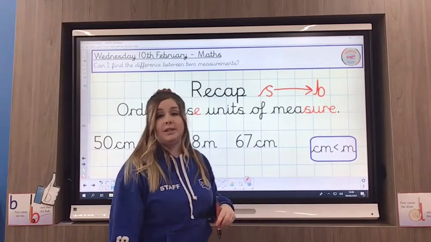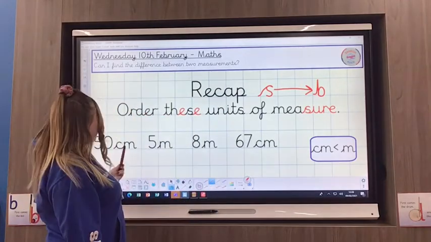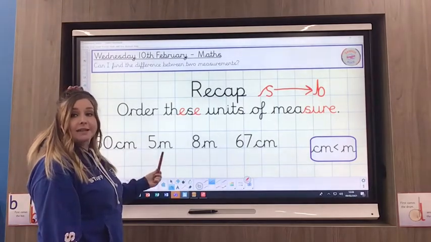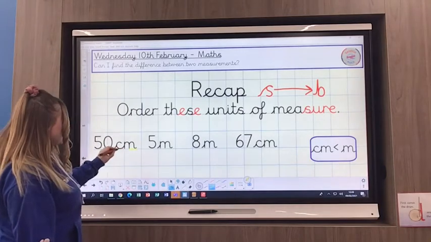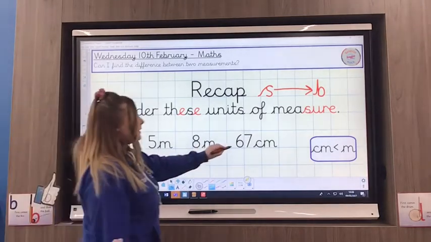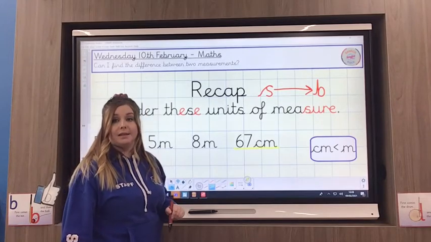But you'll notice that I've got a mixture of units. I've got centimetres and metres. But we know that centimetres are smaller than metres, so we're going to start by looking at our centimetres.